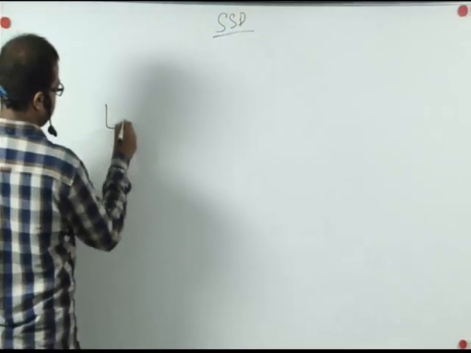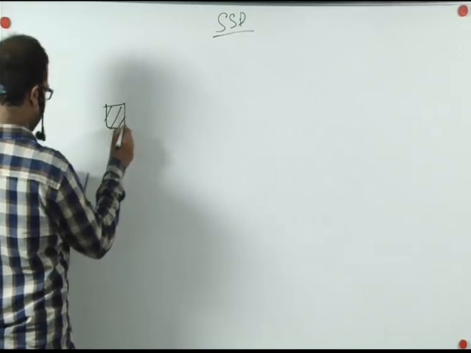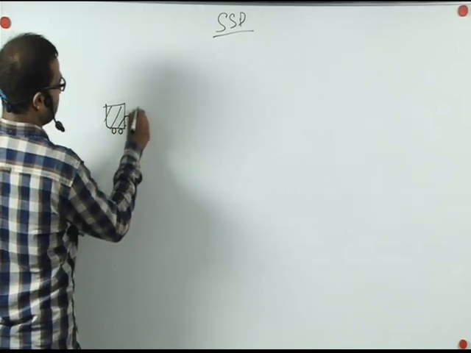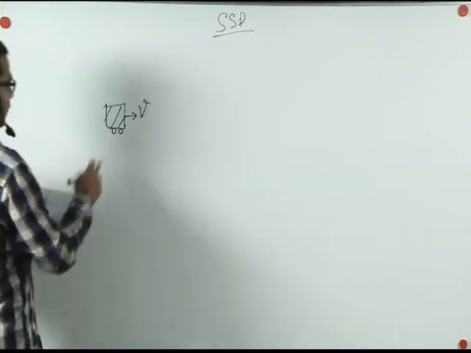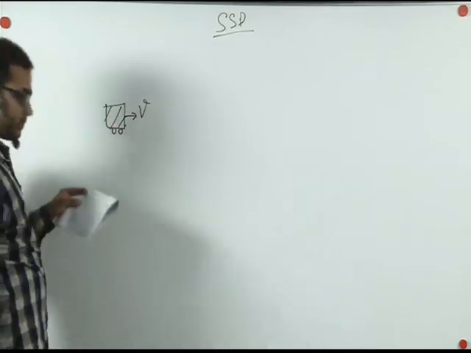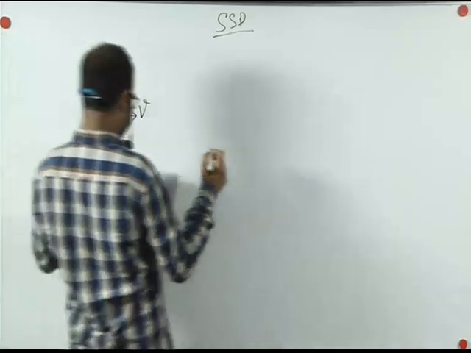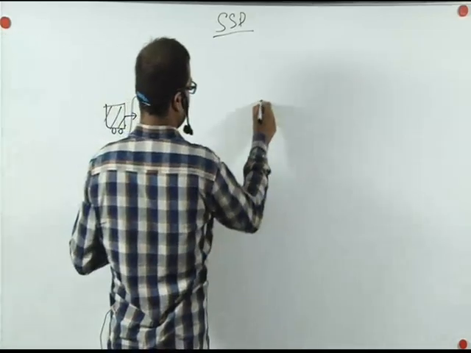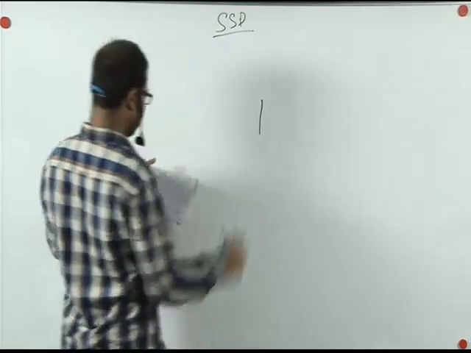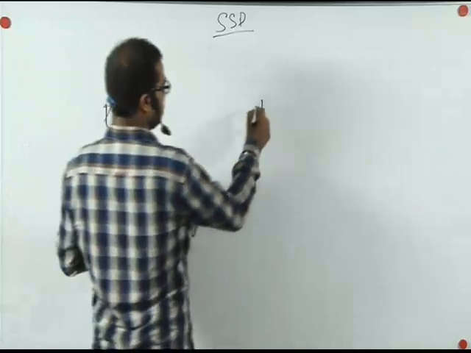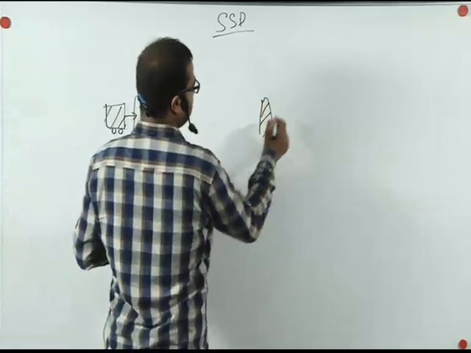So here we will consider a vehicle. This is a vehicle schematic picture moving with velocity v in this particular direction, and there is an obstruction. I am just trying to give you an idea about stopping sight distance.